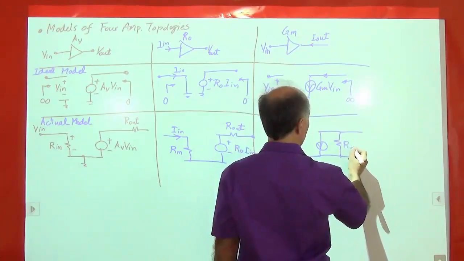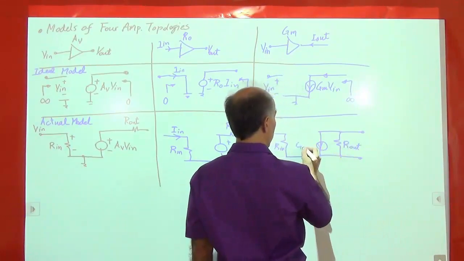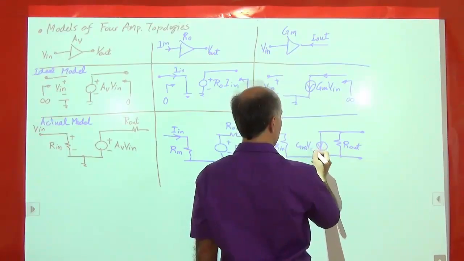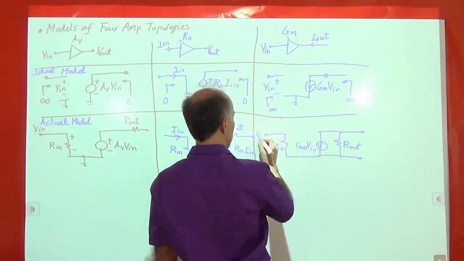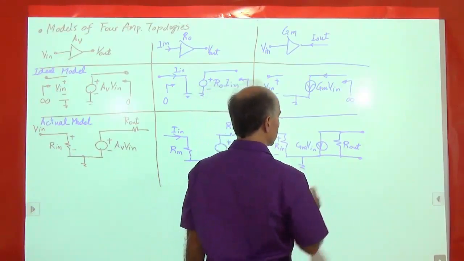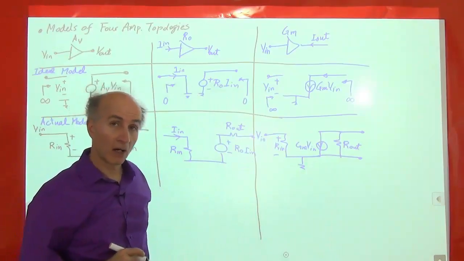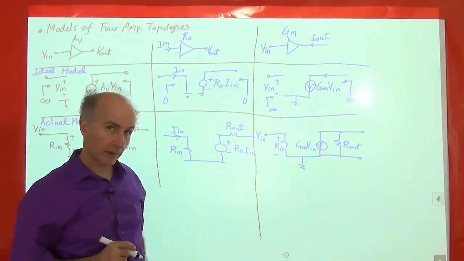So that's R out. And this is still GM times V in. And V in goes here or between these 2 terminals. So that's the model of a non-ideal transconductance amplifier.